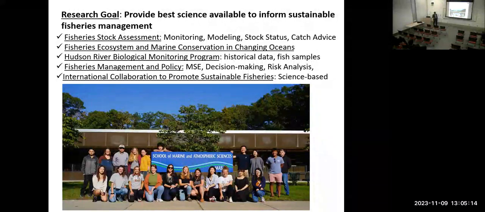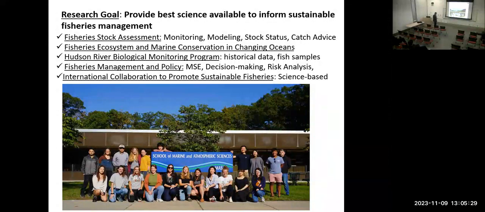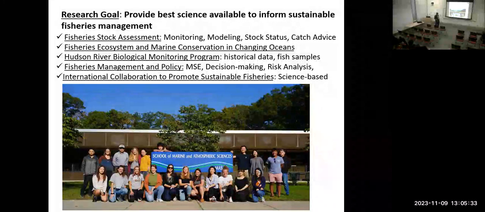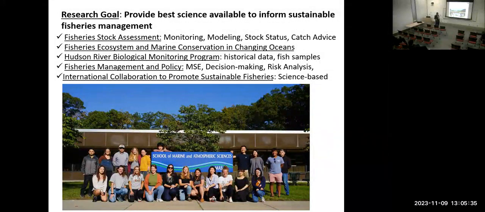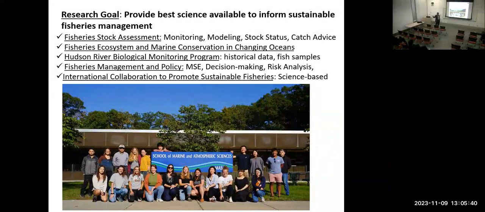ecosystem dynamics. And my lab also runs a historical Hudson River biological monitoring program, which is actually why I came here, because this is data collected by utility companies over time. I think since 1974, it was donated to Stony Brook University. So you see tons of data, and we have about 50 million samples. We run a big warehouse in Port Jefferson Station for all those samples.